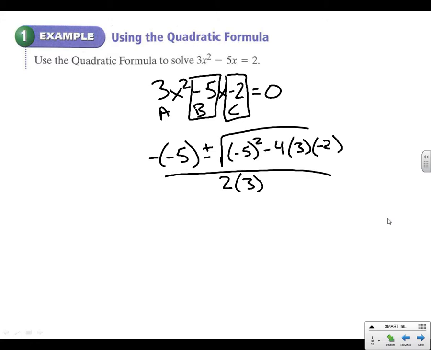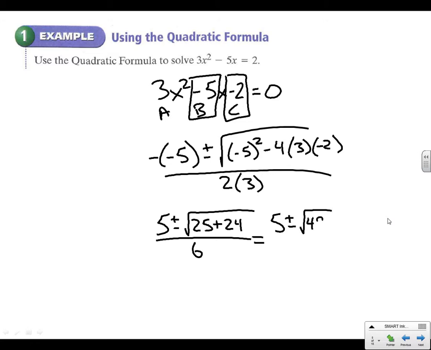Let's clean it up. Negative negative 5 is 5, plus or minus the square root of 25 plus, because a negative times a negative, 24, all over 6. That is 5 plus or minus the square root of 49 all over 6. That is 5 plus or minus 7 all over 6.